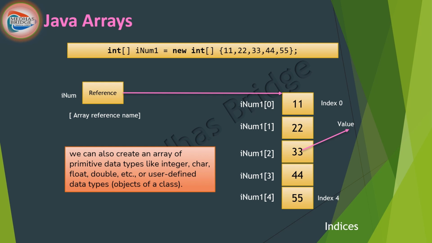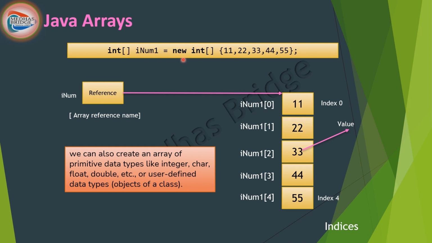Let's say, for instance, this is one of the definitions of a Java array. Let's say inum is a Java variable, and this is an array variable because I see square brackets of type int. So it is an integer type Java array variable. How much size depends upon what you see on the right side. New is a keyword which is used to allocate memory for this variable.